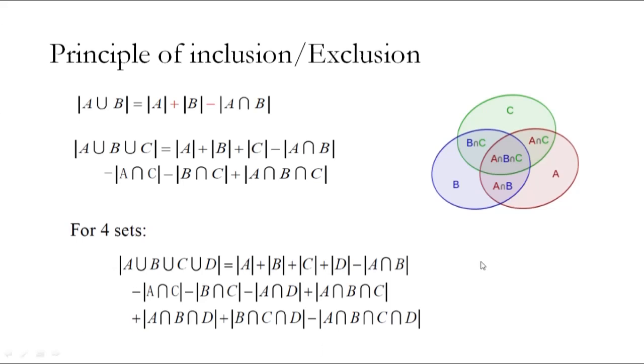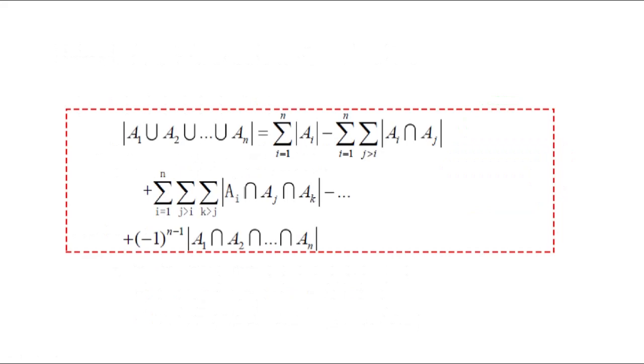Here is the Venn diagram that represents this inclusion exclusion. And if more than 4 sets are there, how do you calculate? Formulating is very difficult, so you are supposed to remember this generic formula, or make a note of it. For sets A1 union A2 union A3 and so on up to An, this formula is used for the inclusion and exclusion principle.